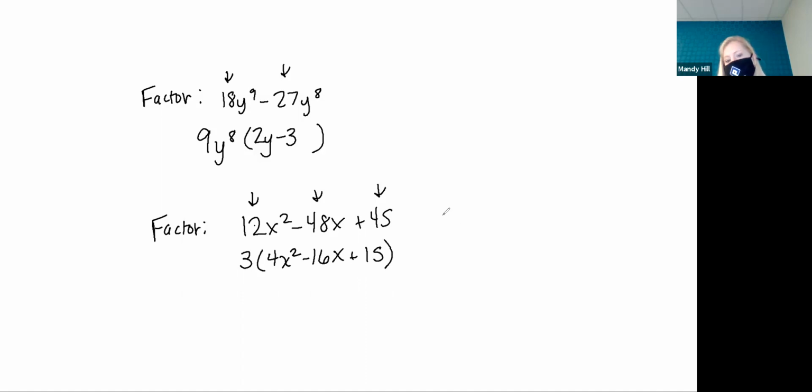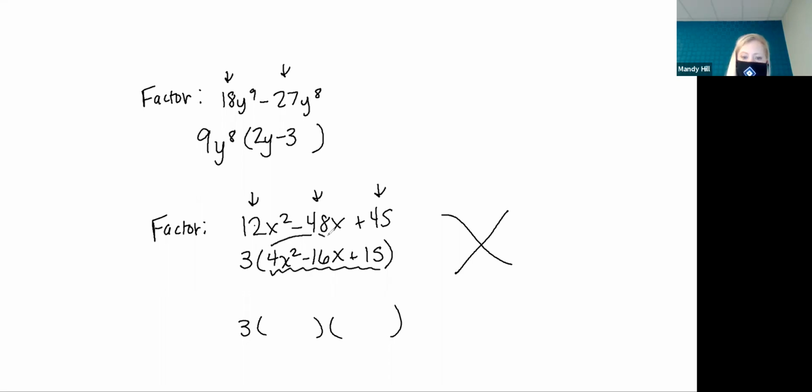Okay, now I'm at the part where I want to factor the rest of this. I know my answer is going to look something like this, but I'm just focused on this middle part right now. So I want to say, well, 4 times 15, which is 60. So I'm looking for something that multiplies to 60, but adds to negative 16. And this is where we go to the calculator and we do that trick, right? 60 divided by x and 60 divided by x plus x in both of them.